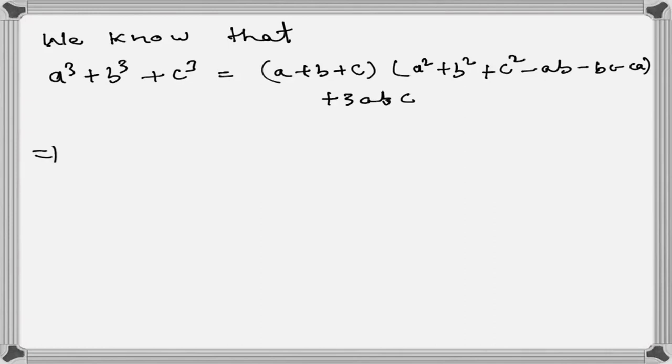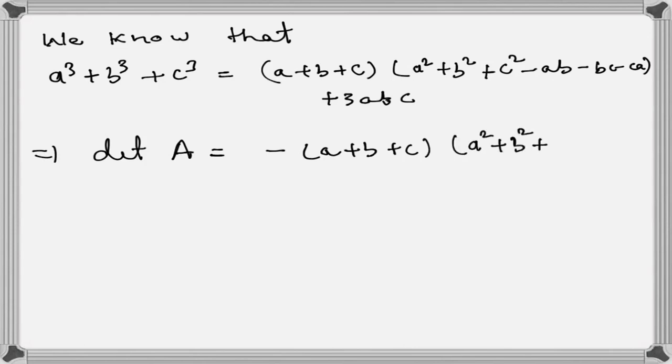So this implies that the determinant of A is equal to minus of (a plus b plus c)(a square plus b square plus c square minus ab minus bc minus ca). Given a plus b plus c is not 0 and a square plus b square plus c square is not equal to ab plus bc plus ca, this implies that the determinant of A is not 0.